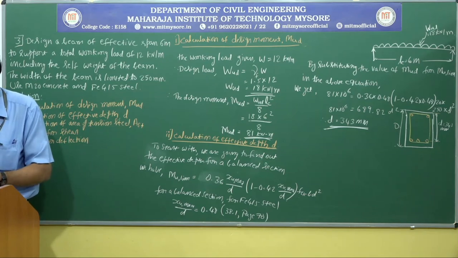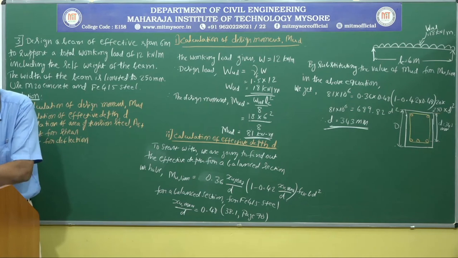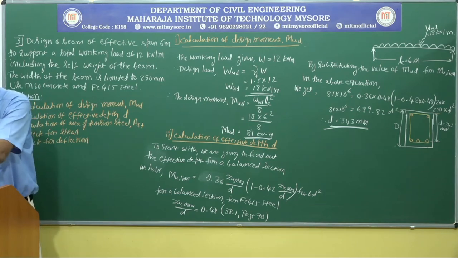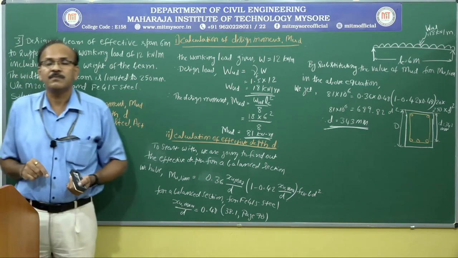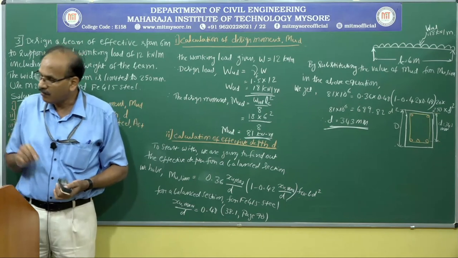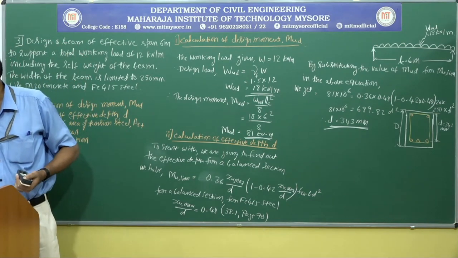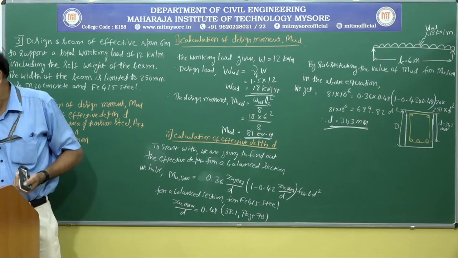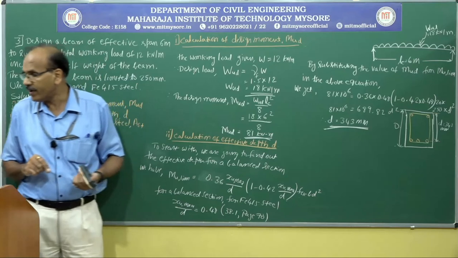On page number 47 of the code book, if you refer table 16, so for mild exposure of the concrete beam, nominal concrete cover in millimeter not less than 20 millimeter. Okay?